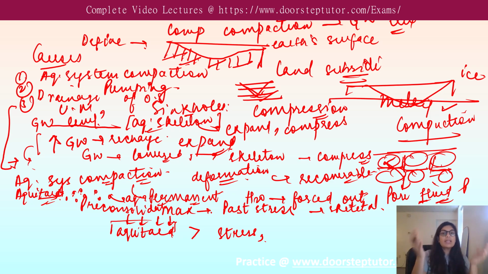Now in a real case scenario also, you can think I'm putting a lot of load on the aquitard, and this is far greater than the stress which the skeletal element is capable of bearing. Okay, the maximum level of stress. So in that case, it is so obvious that the compaction will be irreversible.